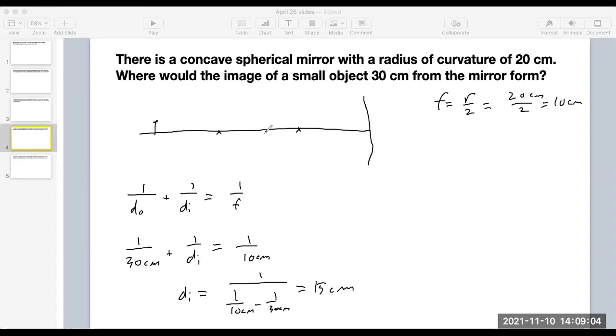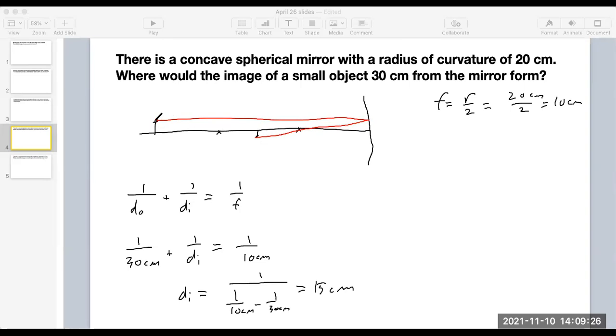So our image is going to be right there. So to draw what the rays would do, if something went in parallel, it's going to go through the focus and then there.